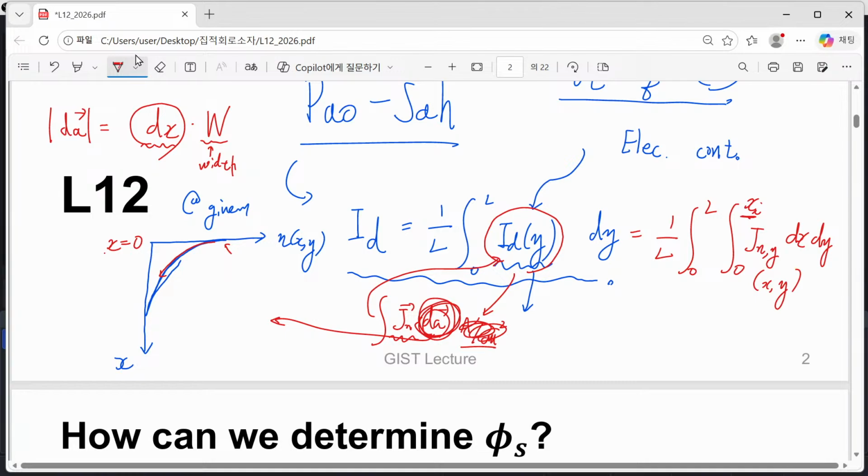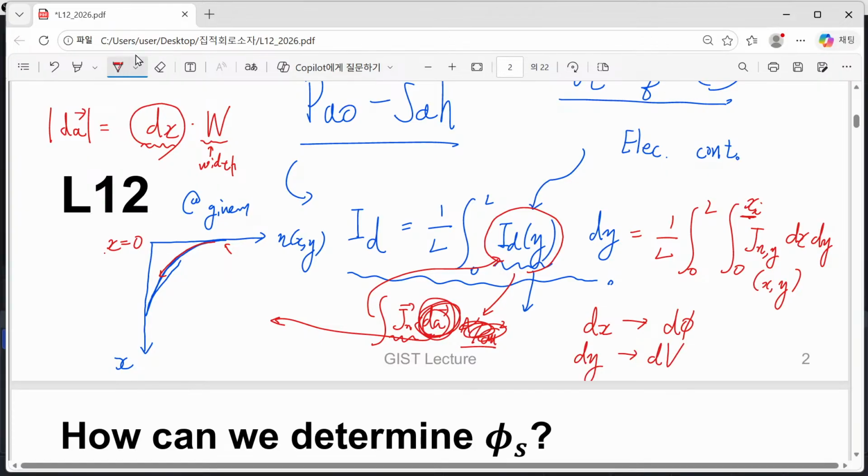After that, all other parts are just mathematical conversion. So dx is converted into the phi s, the phi, and also we convert dy to dv.